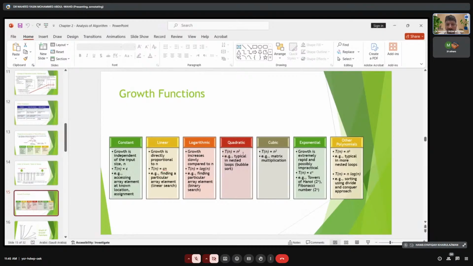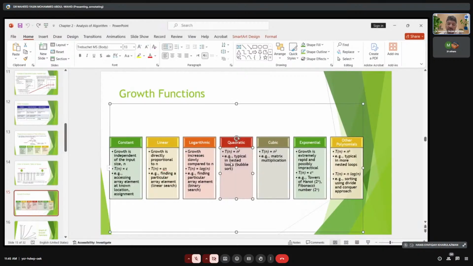Quadratic, T(n) equals n power 2, typical in nested loops. With nested loops, we have n power 2. That's why the complexity of bubble sort is n power 2, because we have a nested loop: for i from 1 to n, and a nested loop for j equal to i plus 1 to n. Cubic, T(n) equals n cubed, as in matrix multiplication. Exponential growth is extremely rapid and possibly impractical, T(n) equals c power n.